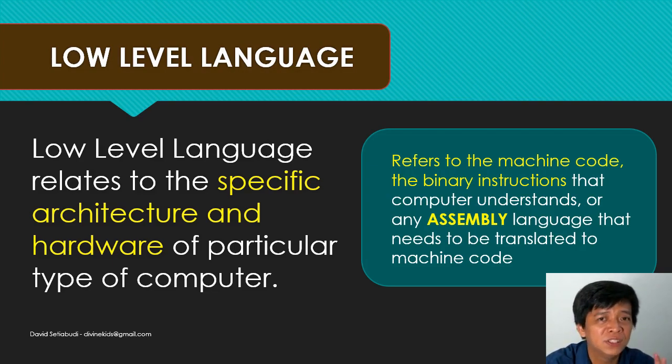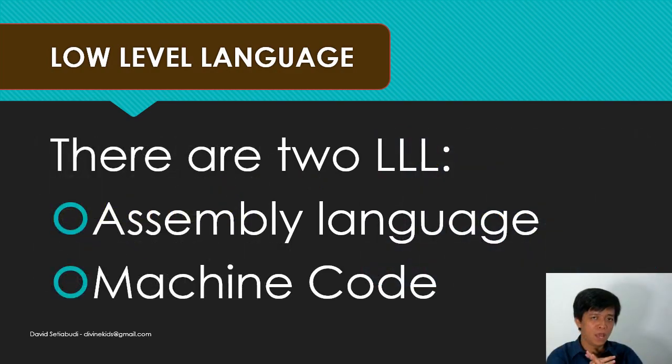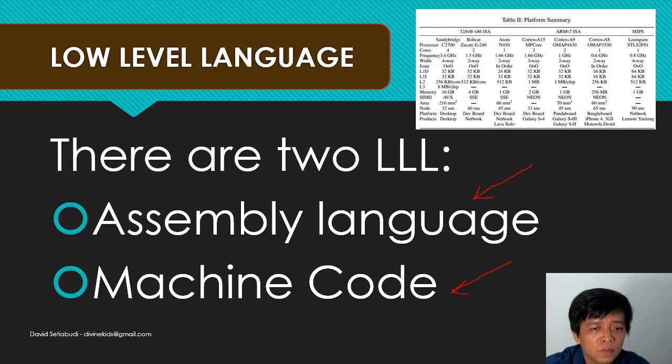It's nearer to the 0101, but above the machine code. Okay? There are two kinds of low-level language. The first one is assembly language, and then machine code. See, if you want to command a processor, you can use this assembly language or machine code.